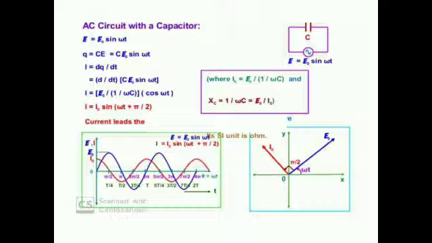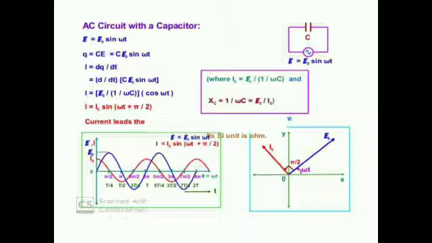Where I naught is equal to E naught by 1 by omega C. So now the resistance of the capacitor is given by Xc is equal to 1 by omega C, that is E naught by I naught. The reactance of the capacitor is defined as the ratio of the maximum potential difference across the capacitor to the maximum current through the capacitor, that is equal to 1 by omega C.